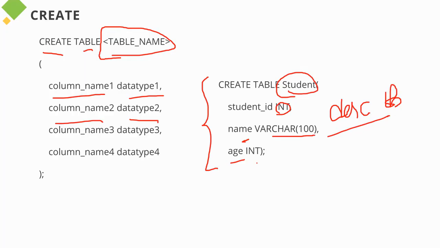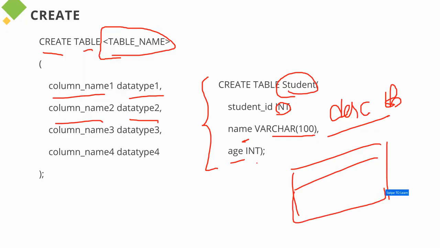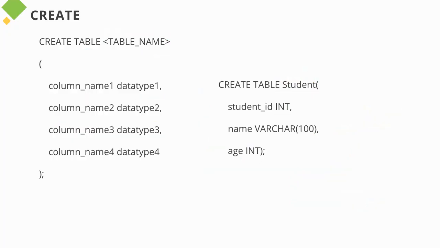Then it will give you a tabular representation of your column names and their data types individually, like student ID of which data type, name of which data type. It provides you an overview. So this is how a table is created.